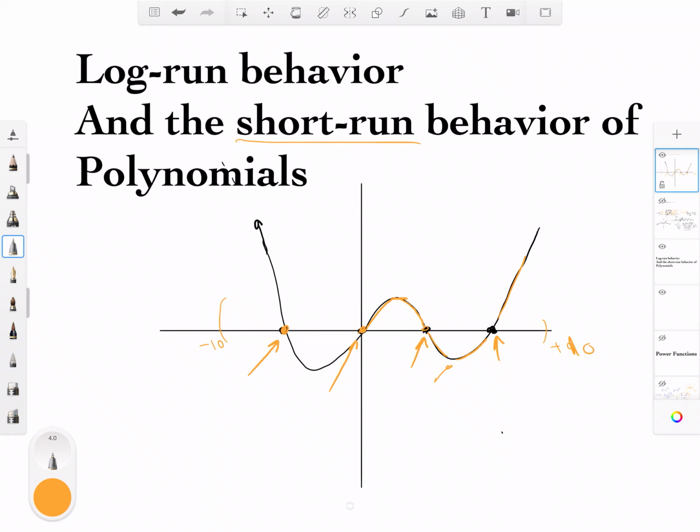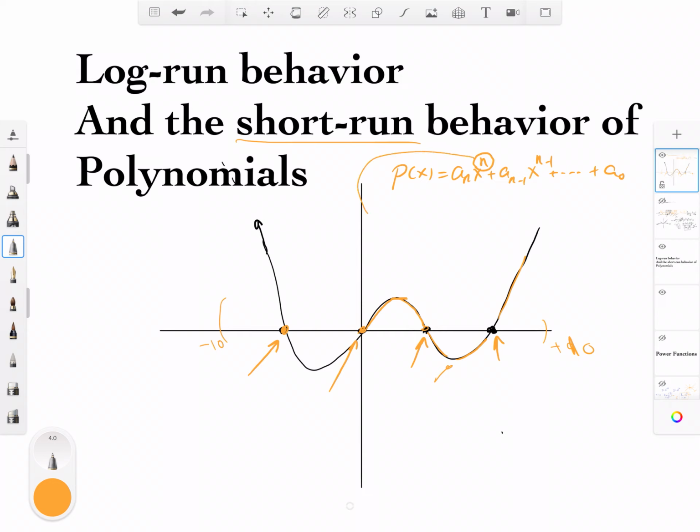But most of the exercises ask you to find the zeros or x-intercepts. Back to the polynomial, if you have p of x equals a n x to the power n plus a n minus 1 x to the power n minus 1, this n, the highest degree, is important.